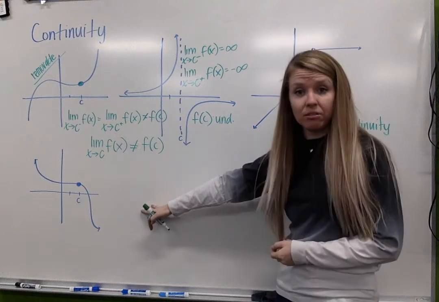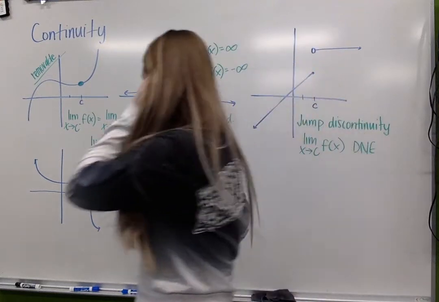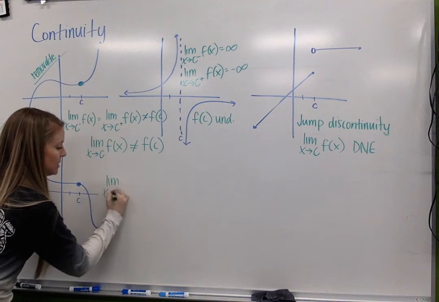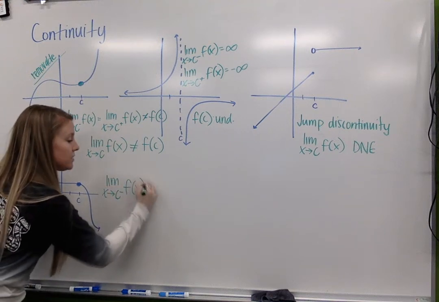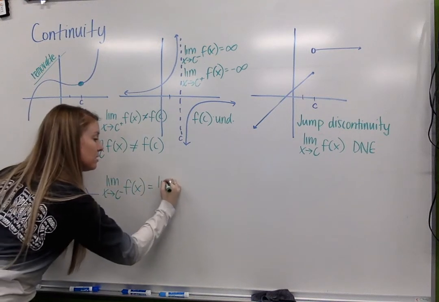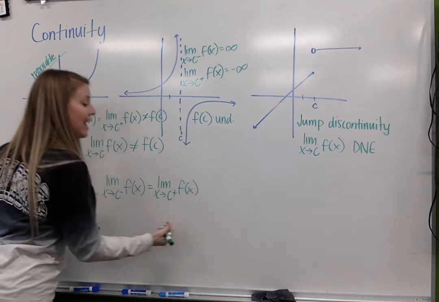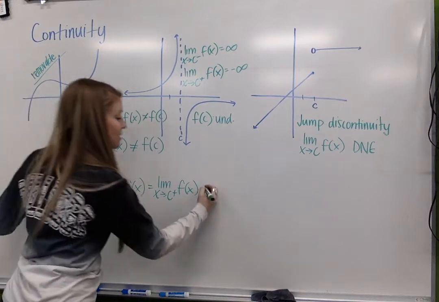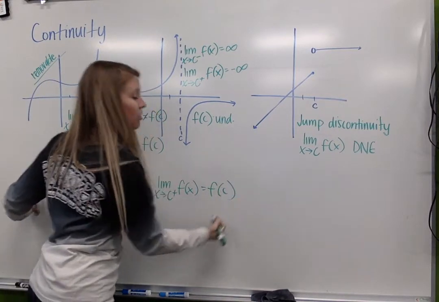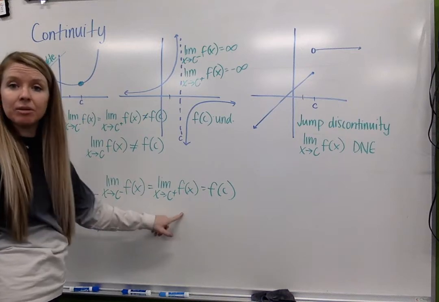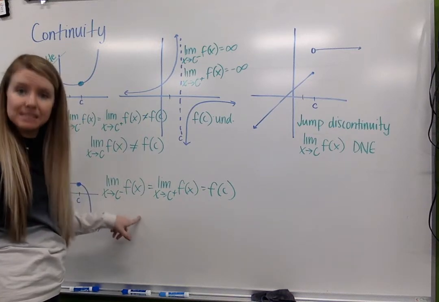And that's what we have down here. So here, the limit as x approaches c from the left is equal to the limit as x approaches c from the right, and these limits equal the y value. If my left side and my right side limit are equal, the limit exists.